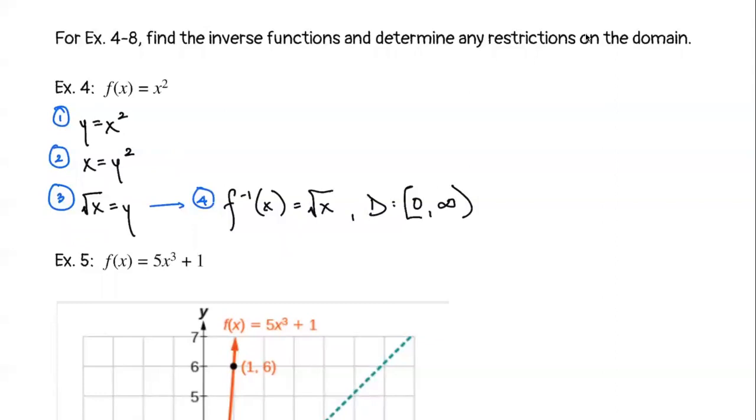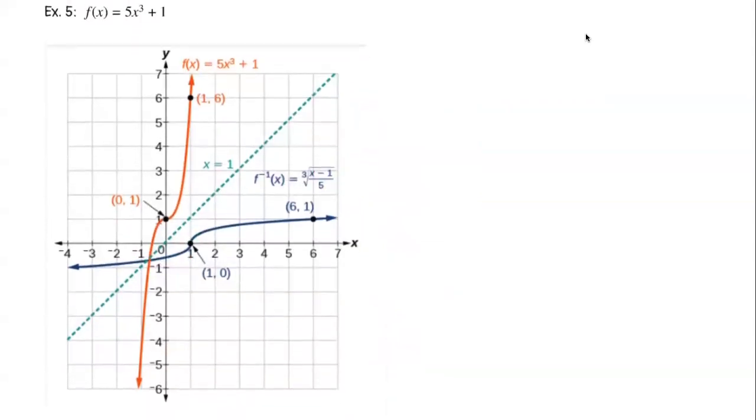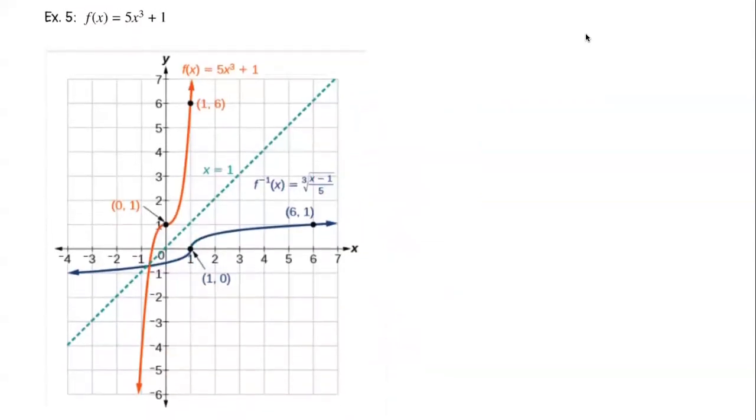All right. Let's take a look at example number 5. Again, I grabbed this from your textbook because I do think that they have some really good visuals about how to see what we mean when we're finding things algebraically. And so this looks really similar to what we were looking at before with the x squared and the square root of x, that we have this as our line of symmetry.